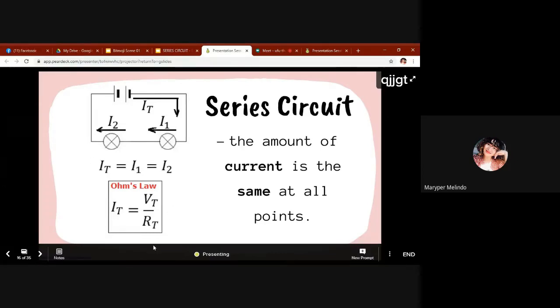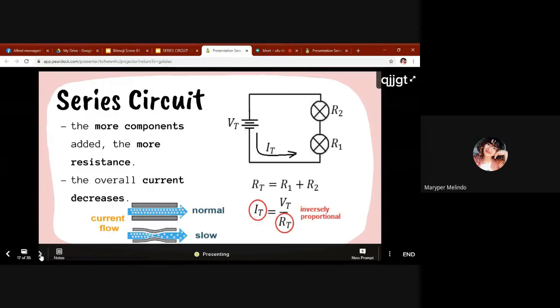Because of this Ohm's law, which shows that the electric current should be the same at all points, pare-parehas, but the voltage and the resistance has an inversely proportional relationship to each other. So mamaya i-discuss pa natin yan. Okay, kalma lang tayo. Now, let us have this one.